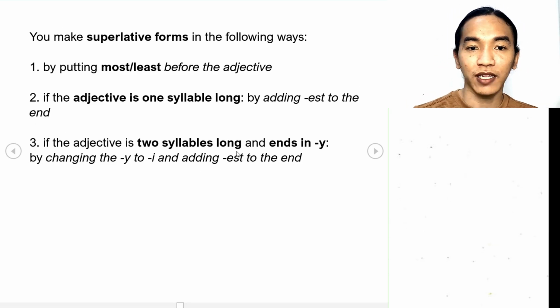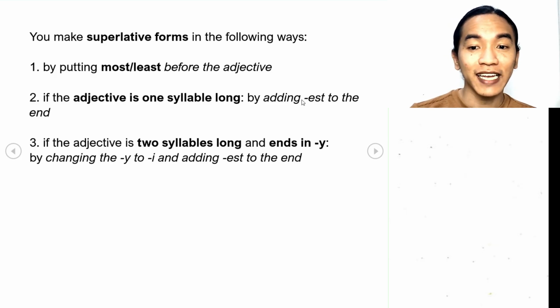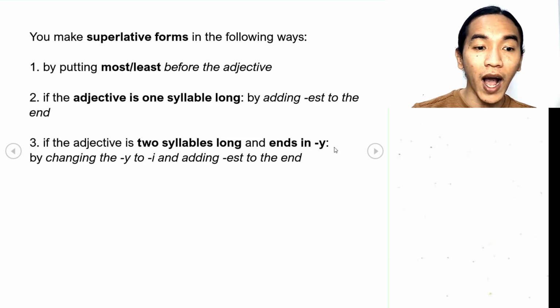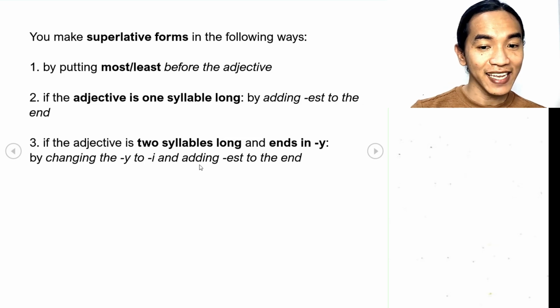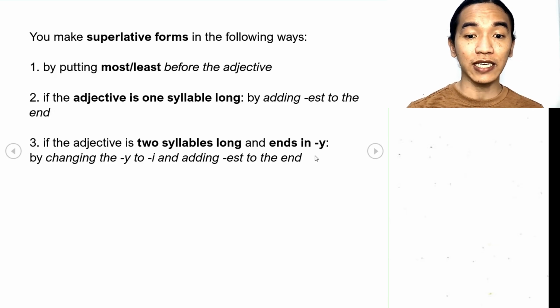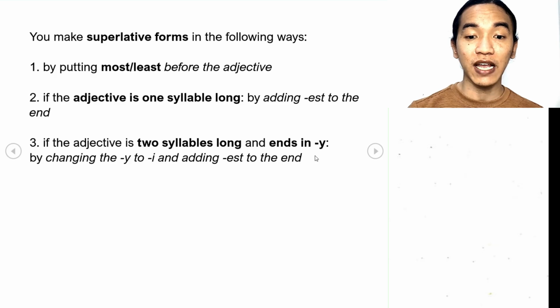Now, the superlative forms: by putting most or least before the adjective if it has two or more syllables. If the adjective is one syllable long, just add est to the end of it. If the adjective is two syllables long and ends in y, change y to i and then add est. So this is just the discussion on the degrees of adjectives and how we form them.